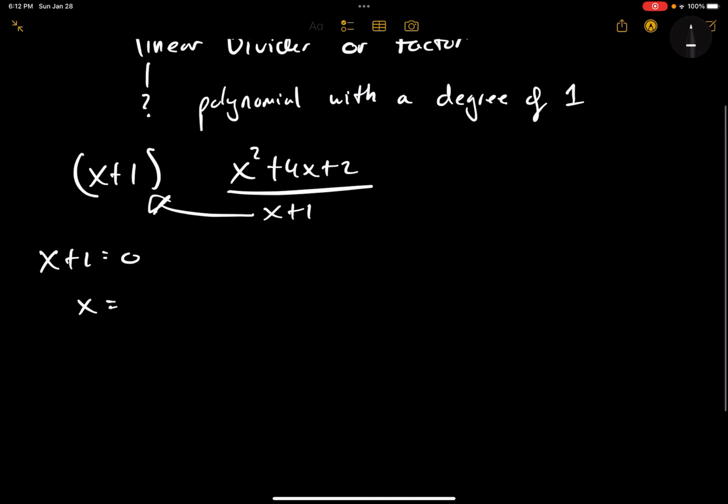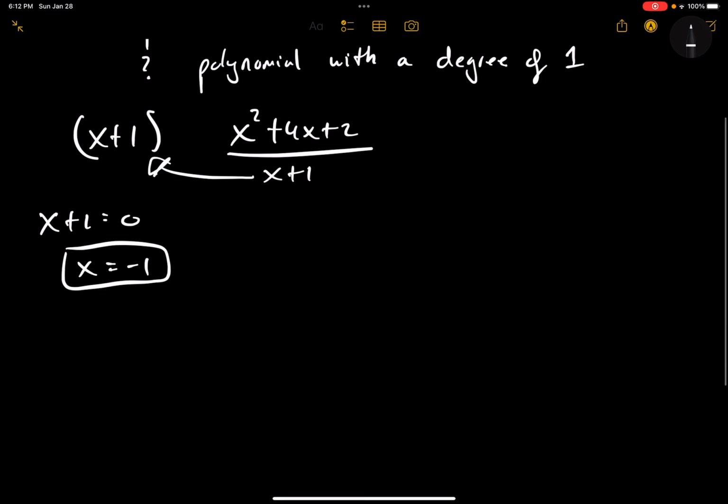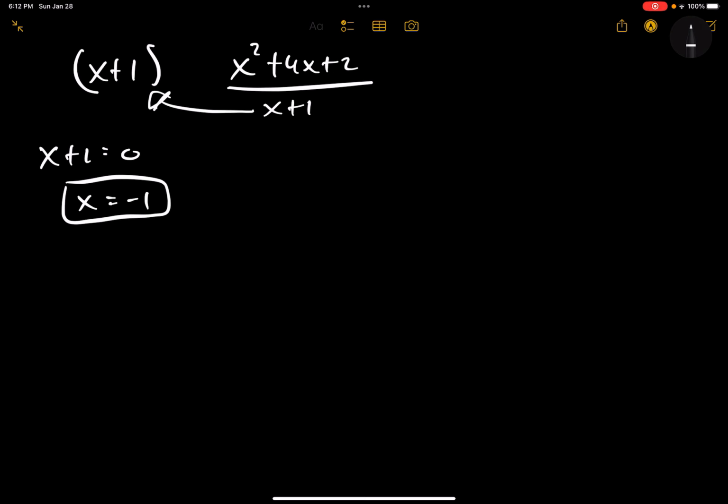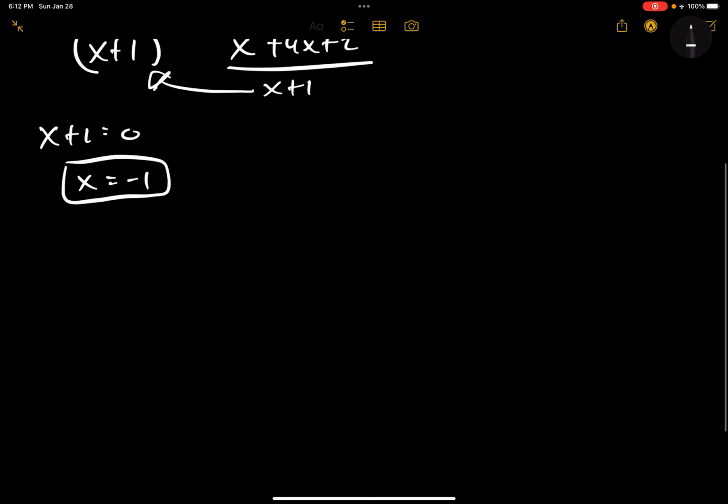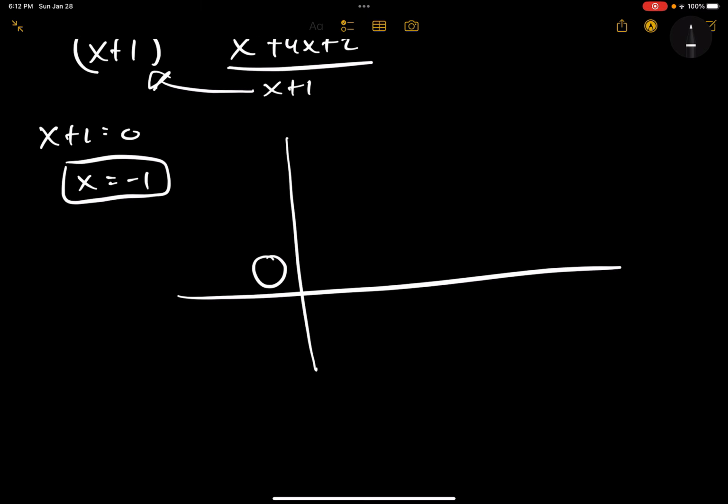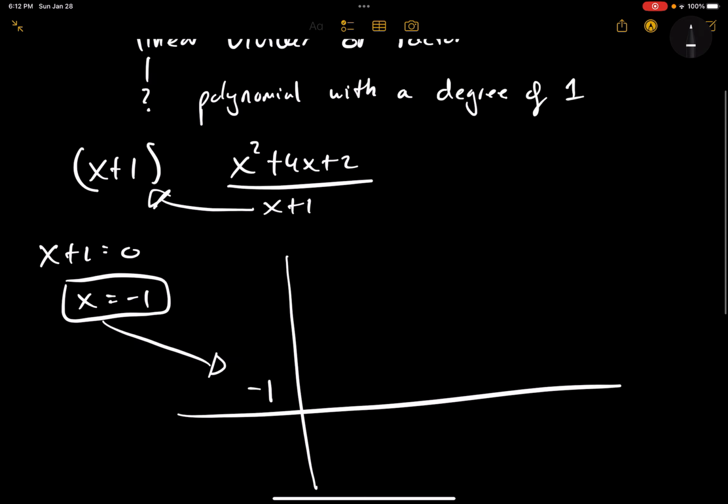That gives us x plus 1, take away 1, so x equals minus 1. Now that we know this is effectively the number we're going to be using for a while, we make a table just like this, and in this part of the table, we always put that number, minus 1. Now here, don't get tricked by it.